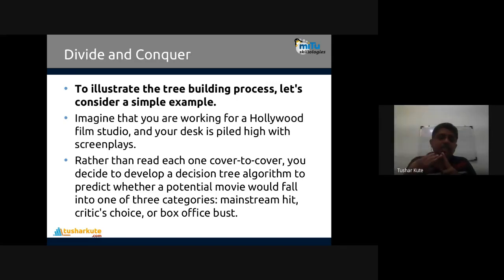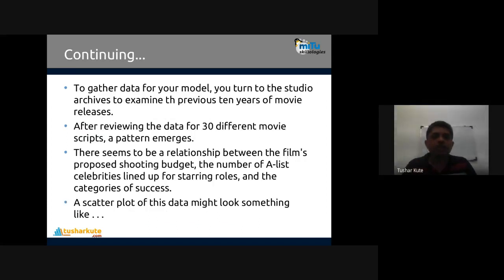So three movie categories are there: mainstream hit, critics choice, or box office bust. Out of these you have to predict in which category the movie will fall.